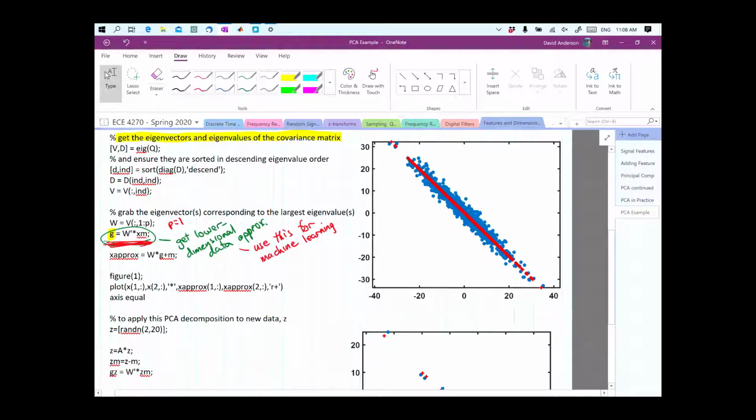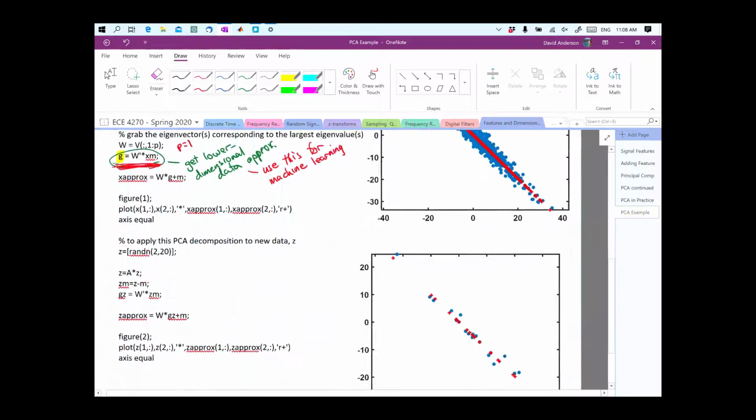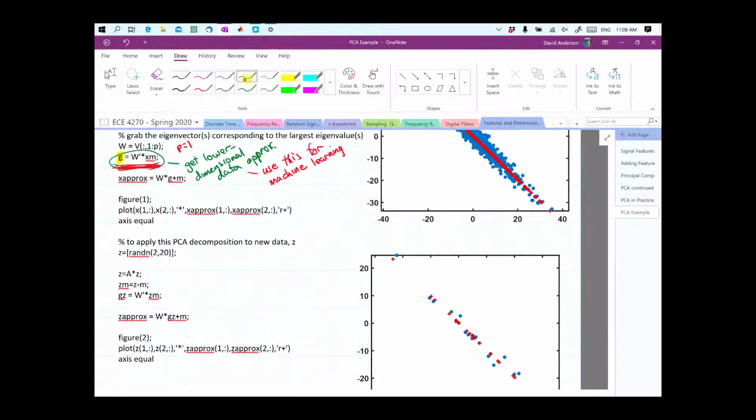What do you do with your new sample? How do you get it into the same lower dimension? Well, that's this part right here. We're given some new data, and this is why my notation's a little messed up, because I use Z here for the new data instead of the approximation as I did on the previous page. I apologize for that.